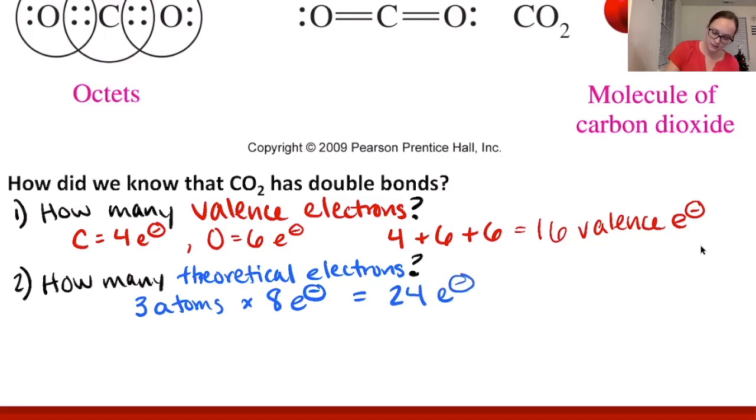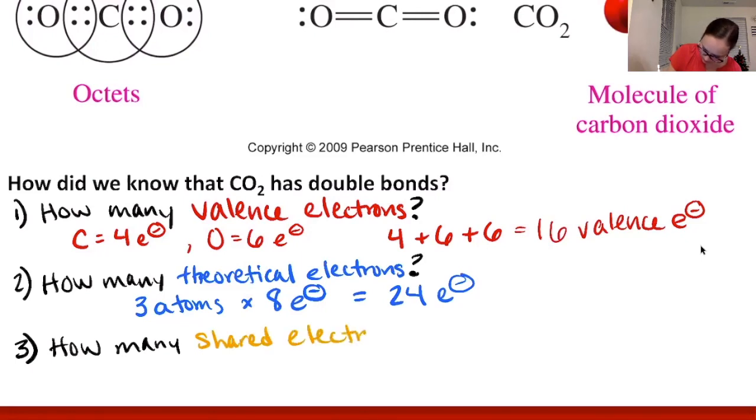And then our last step in determining how many bonds is we're going to ask how many shared electrons. How many shared electrons do we have? What do we mean by this?